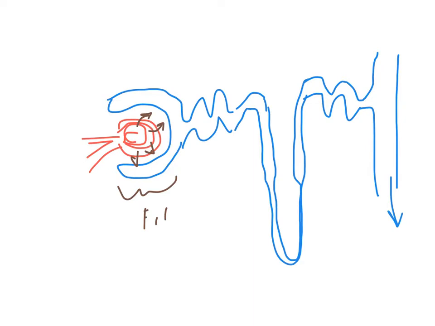And from there, you're moving into the proximal convoluted tubule, and you've created filtrate in Bowman's capsule. It'll be moving through the proximal convoluted tubule, and from this space, the substances that your body wants to keep are going to be resorbed. So resorption happens primarily at the proximal convoluted tubule.